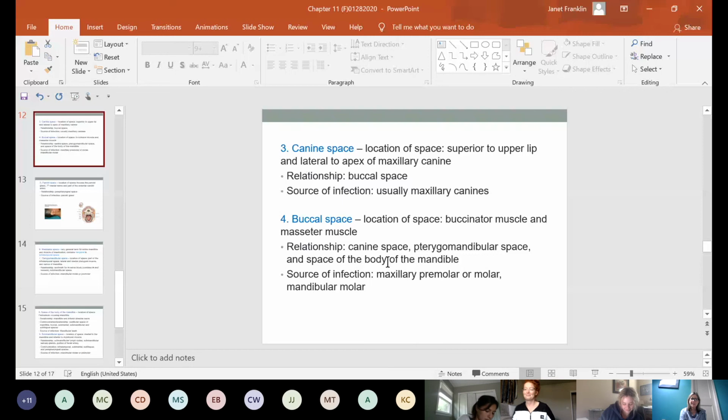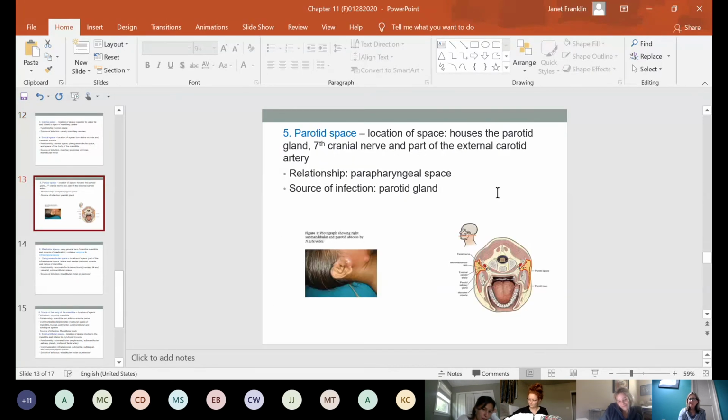So right down here it says their source of infection. Their source of infection usually sounds kind of like what you would make common sense. Your canine space, the source of infection would be your maxillary canines. Your buccal space on your cheeks, their source of infection is going to be these teeth right here, these premolar areas. Some of them have more than one space that they can get infection.